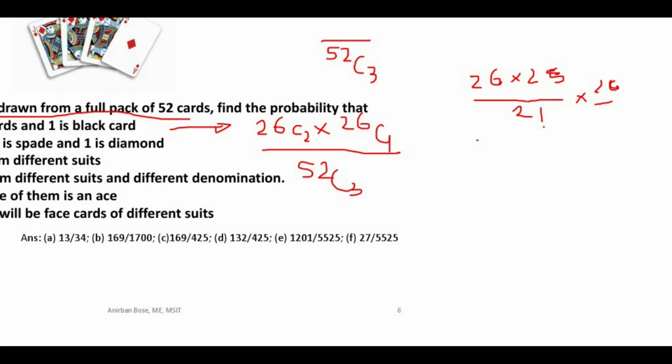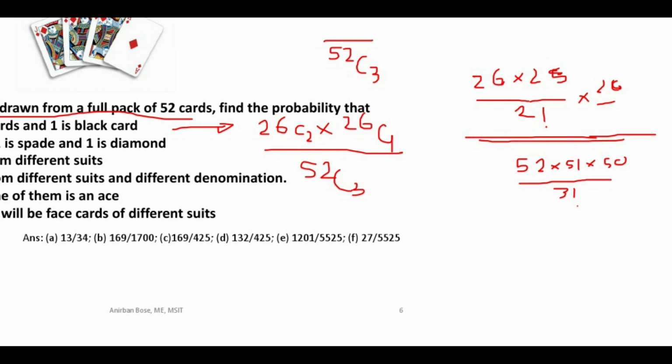Similarly, 52C3 will be 52 into 51 into 50, divided by 3 factorial, which is 6. So you can write this, and the answer will be this quantity divided by this.